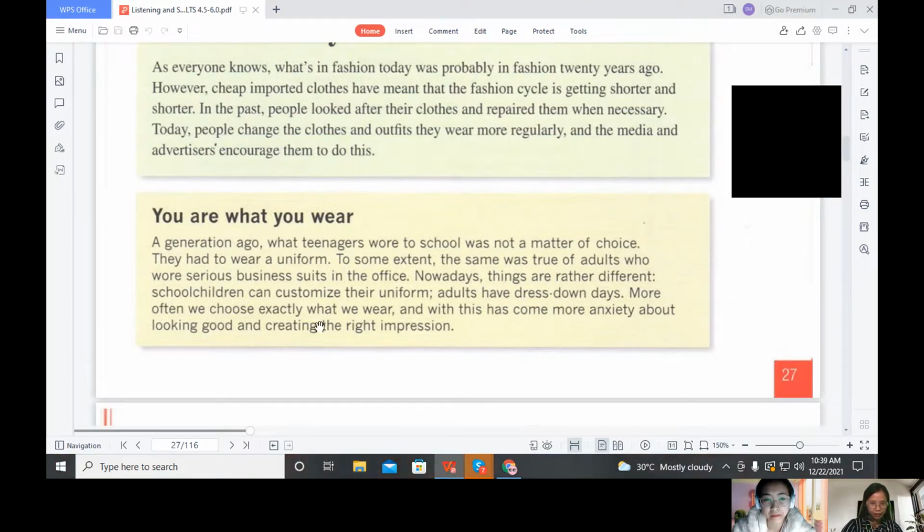As for me, I agree with this one. There has come more anxiety about looking good and creating the right impression. For me, when I go to work, I really look after my clothes, because you are what you wear. So when you wear dirty clothes or clothes that are not ironed, they will have an impression that you're an untidy person, not a clean person.